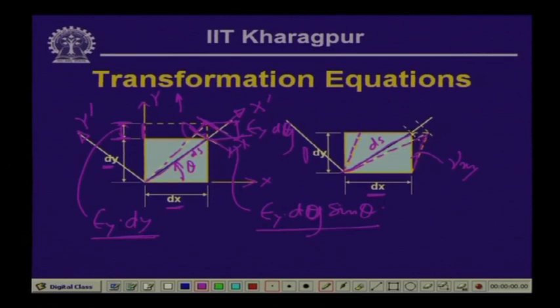Again this angle is theta as we have defined, hence this is theta. The extension because of shearing strain is equal to gamma x y times dy, and the extension in the diagonal is given by gamma x y dy cosine theta.